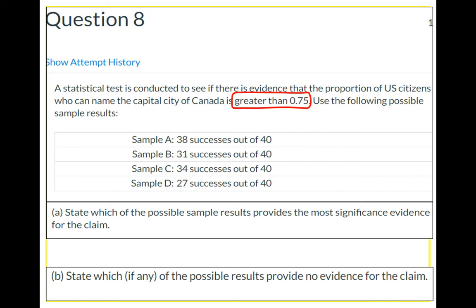First of all, if I took the first number, 38, and divided it by 40, I would get 0.95. If I did the next one, I would get 0.775. If I did the next, I would get 0.85. I'm doing these kind of fast. I hope I'm getting these right.